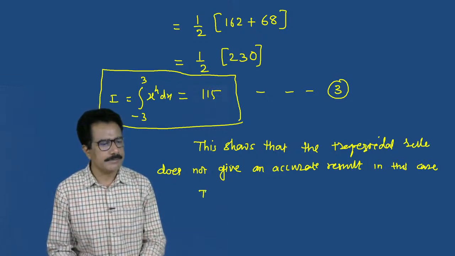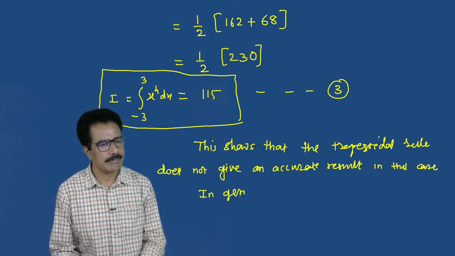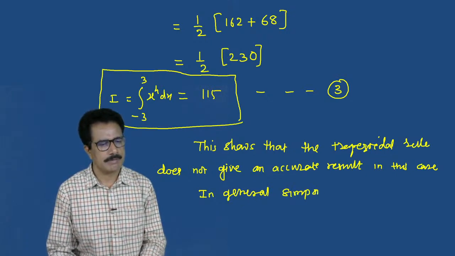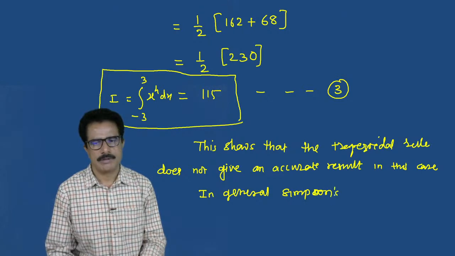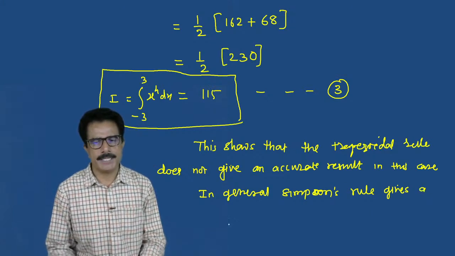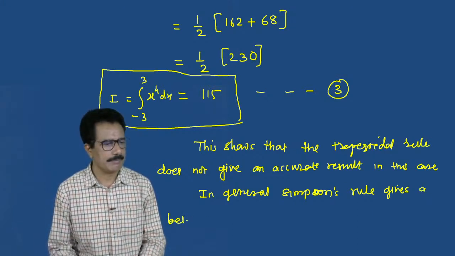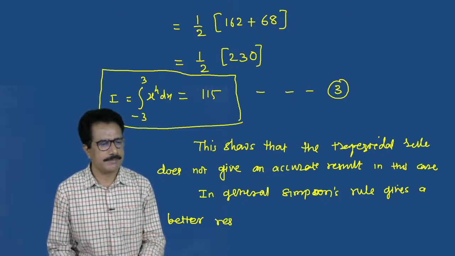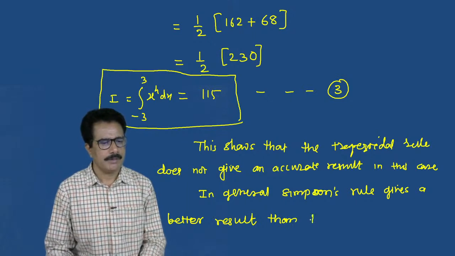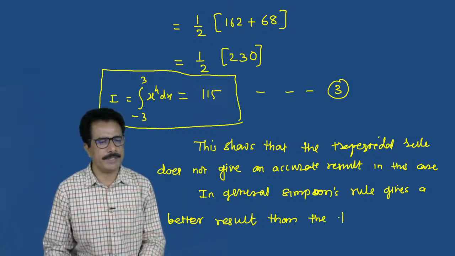In general, Simpson's rule gives a better result than the trapezoidal rule.